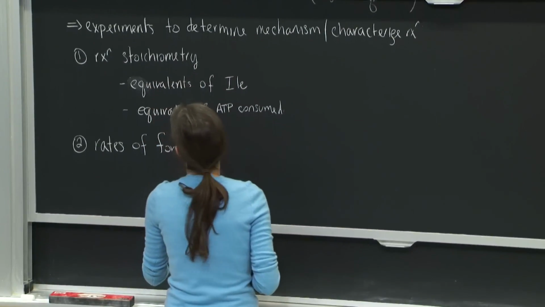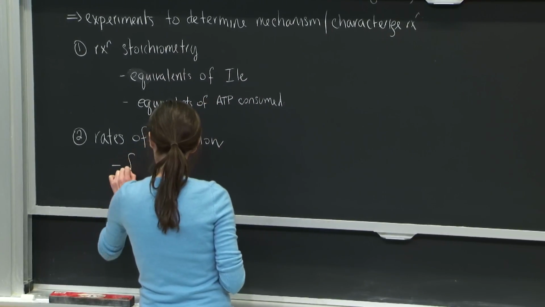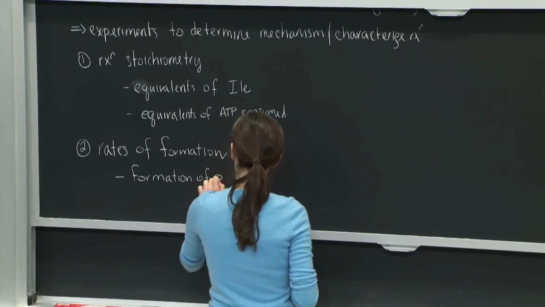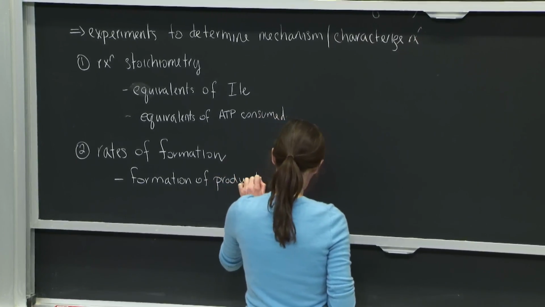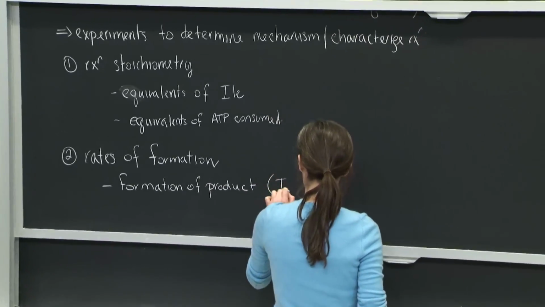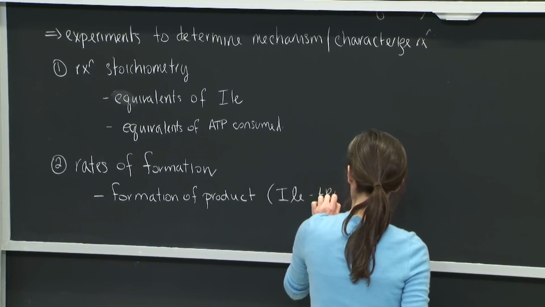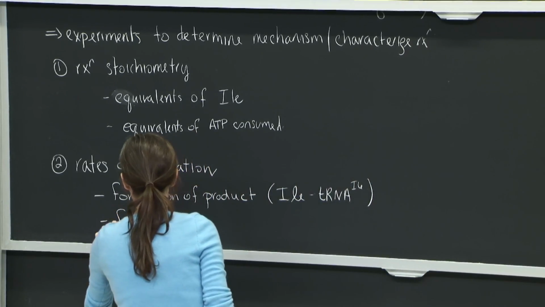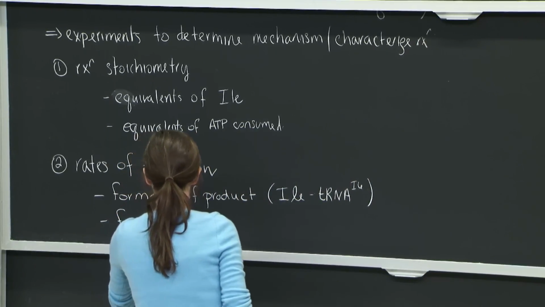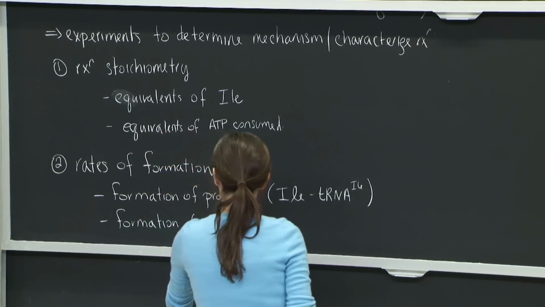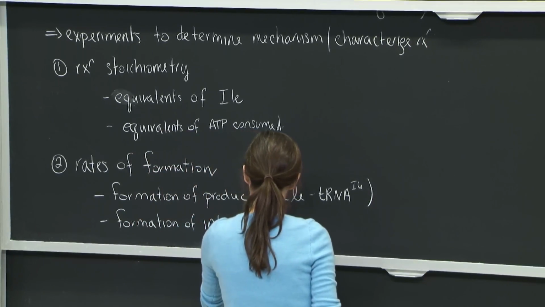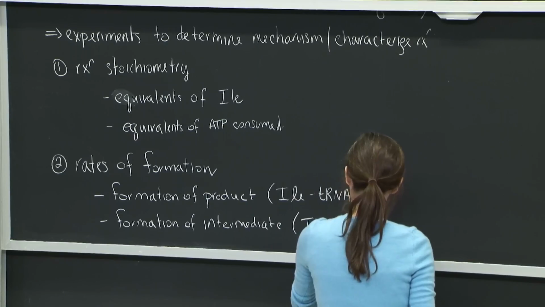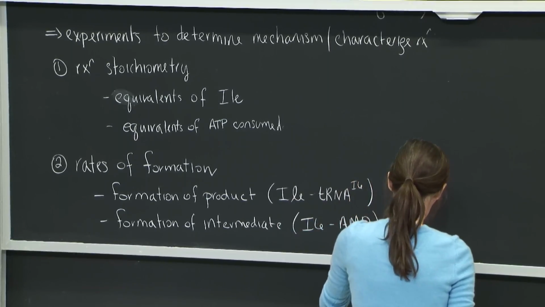Okay, and so we have formation of our product, which in this case here, and then formation of the intermediate, which I'll just abbreviate ILE-AMP.